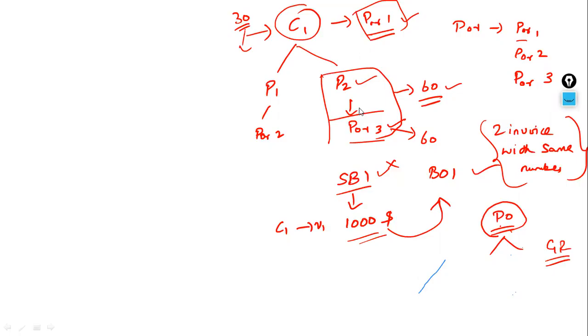Hello, sir. Yes, Suraj. If purchase organization 1 is assigned to company code and second is also assigned to the same, then what happens if payment terms are different? Payment terms are different, but you have assigned the same purchase organization to the plant.